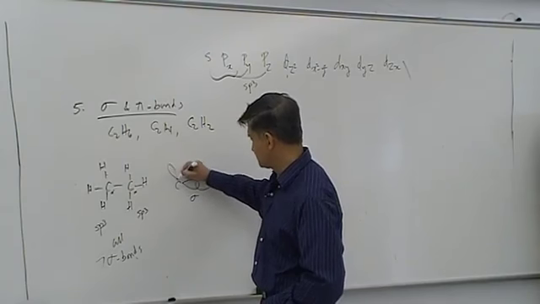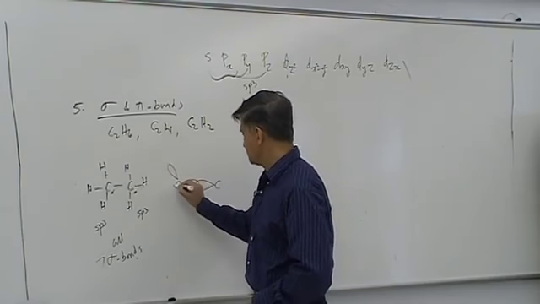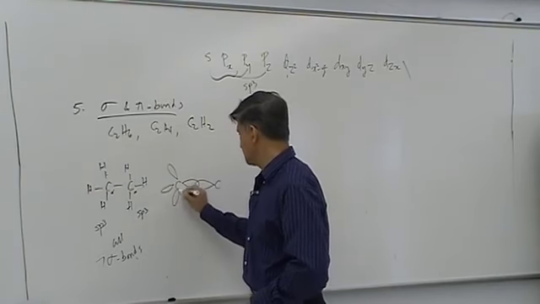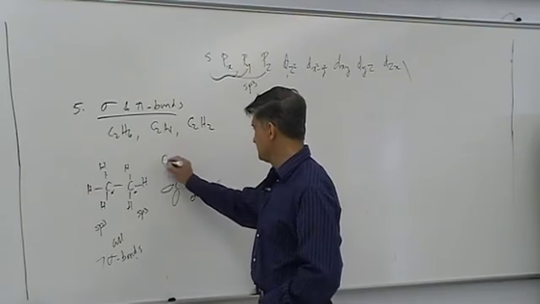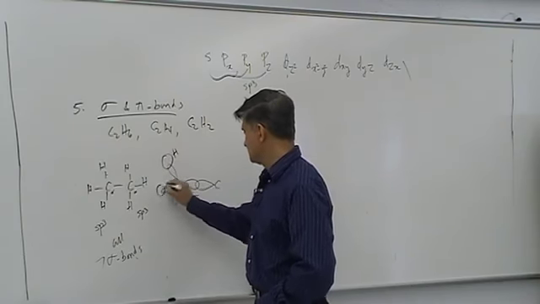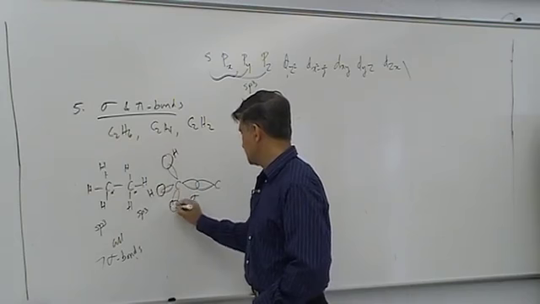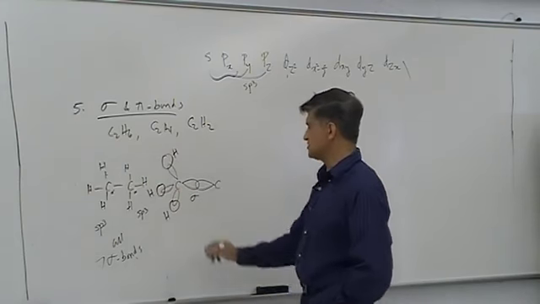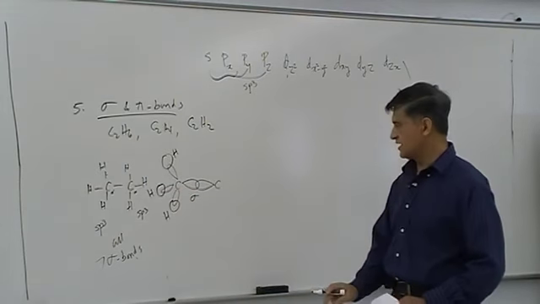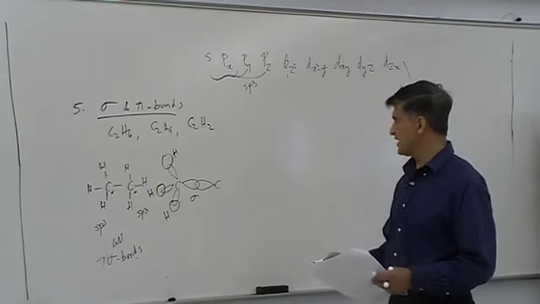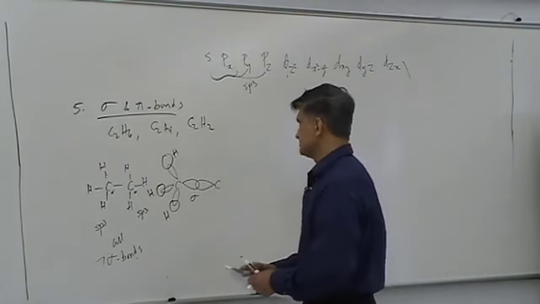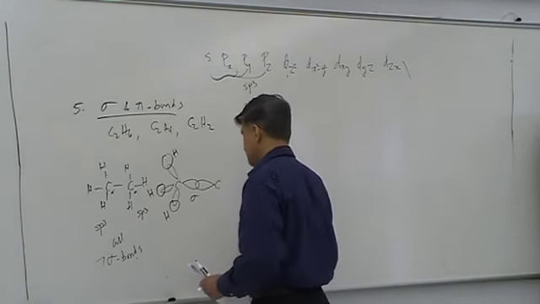One would be like this, this is 2, this 3, this is 4. These are all 109.5 degrees. This is for hydrogen, this is for hydrogen, this is for hydrogen. Same thing happens on the other side. I'm just showing you how they look. These are all formed by head-on overlap. So this is about C2H6.